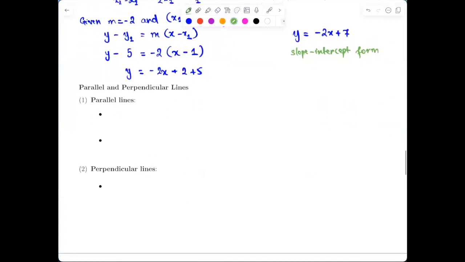Now we move on to another concept called parallel and perpendicular lines. If you want to know if two lines are parallel or perpendicular or not, you're going to follow the following properties. For parallel lines, consider two lines, y equal to m1x plus b1 and y equal to m2x plus b2. So these are two different lines.